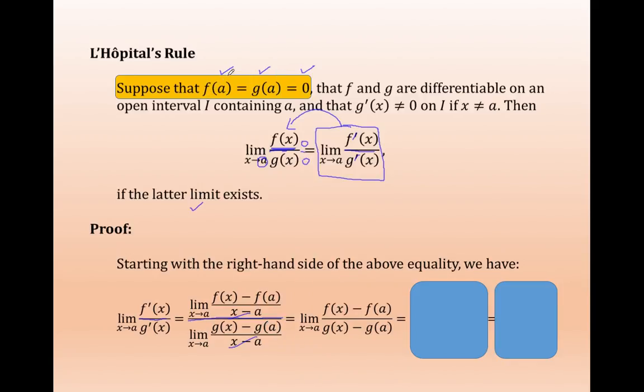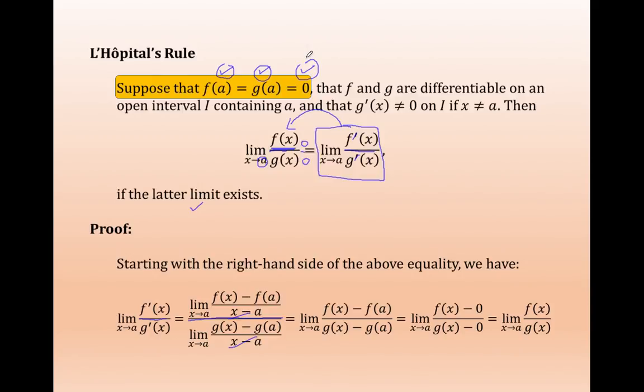And then back here again, what did we say f of a was equal to? g of a. And what were they both equal to? 0. So what I now have is f of x minus 0 and g of x minus 0, with, bam!